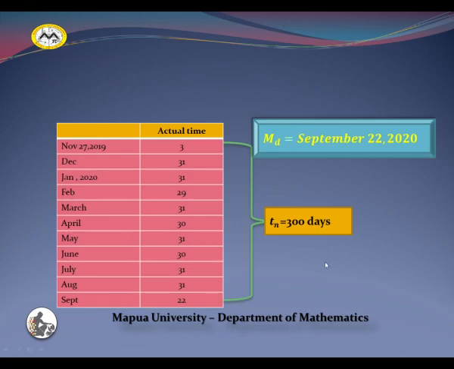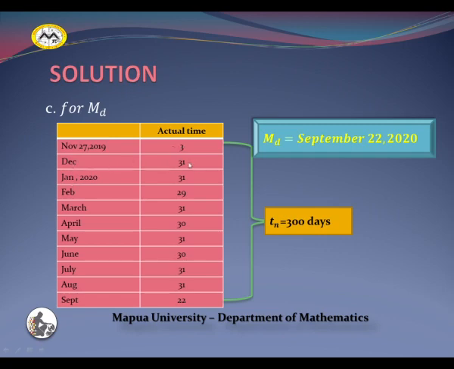And then for maturity date, we have to look for the maturity date using the actual time. So we have to start when the note was written, which is on November 27, 2019, and then using the actual time. For November 27, November has 30 days, so there are 3 days left.